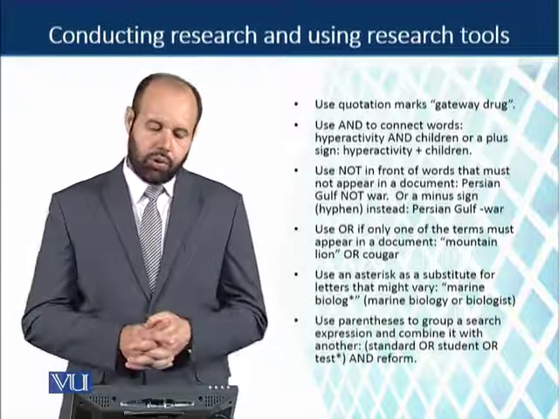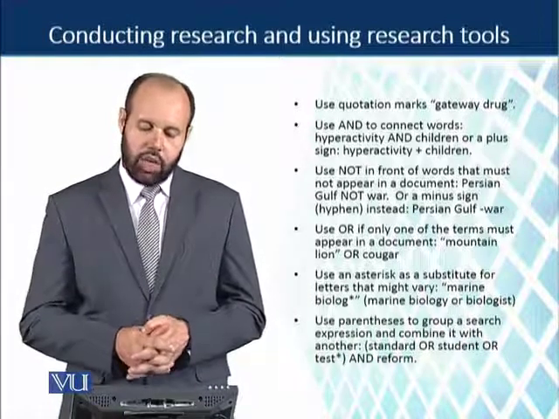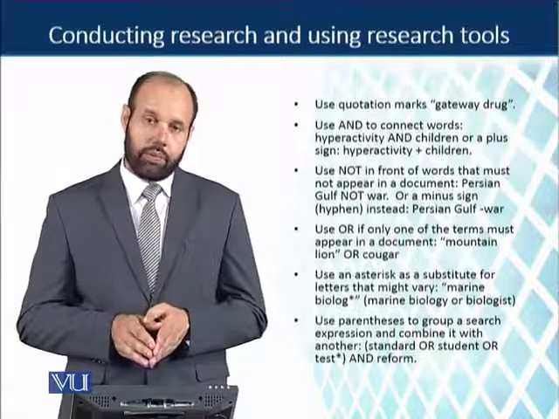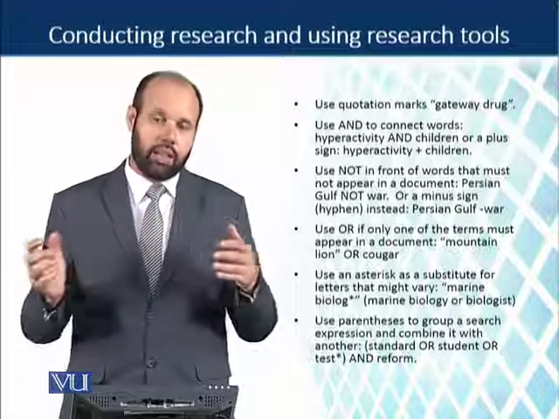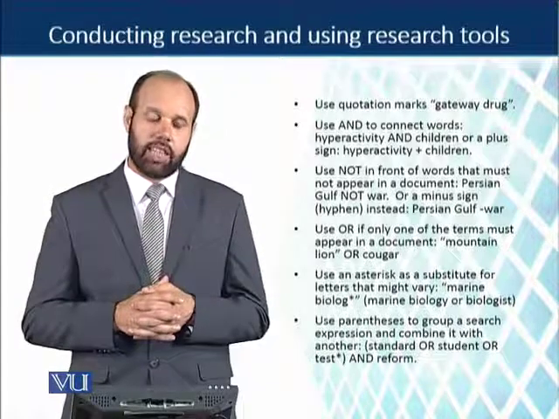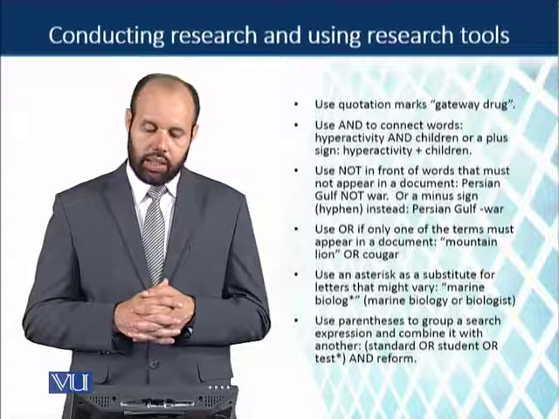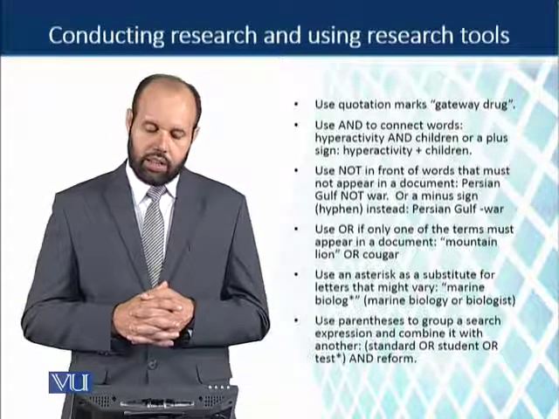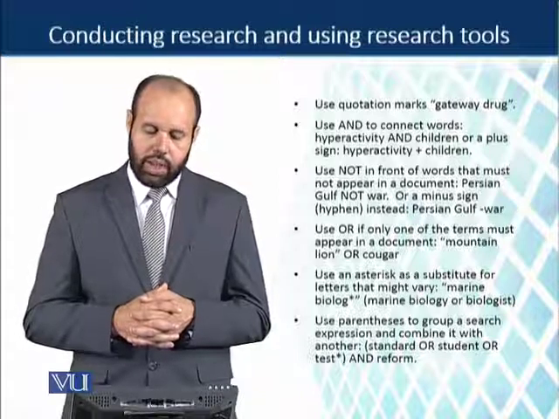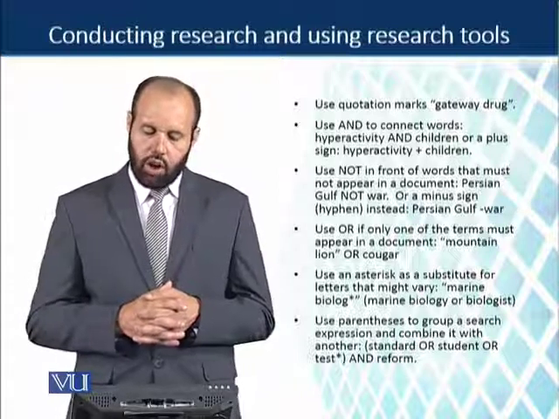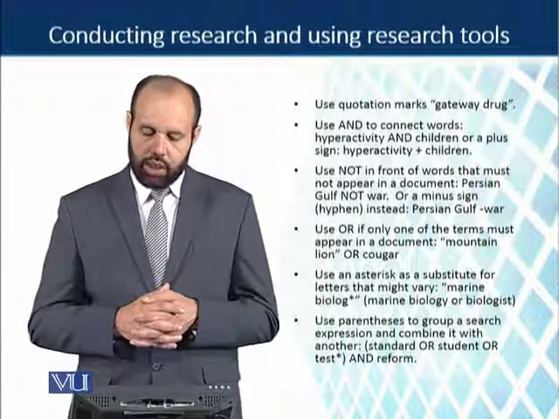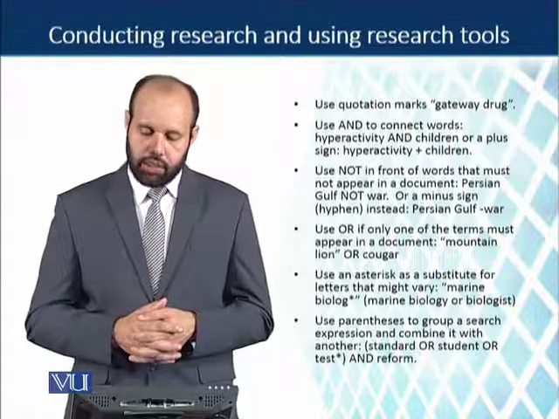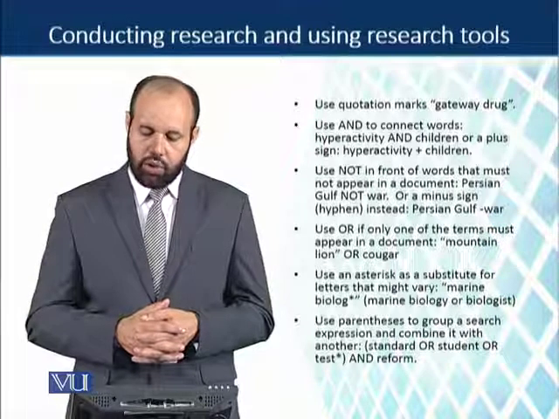And you would also be using parentheses to group a search expression and combine it with another, right? If you are combining more than one search expression using parentheses, then that would be added and the database would include that, right? So standard or student or test, and reform, right? So parentheses to group a search expression and combine it with another.